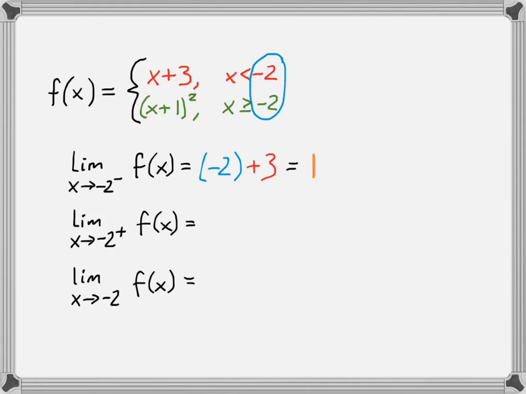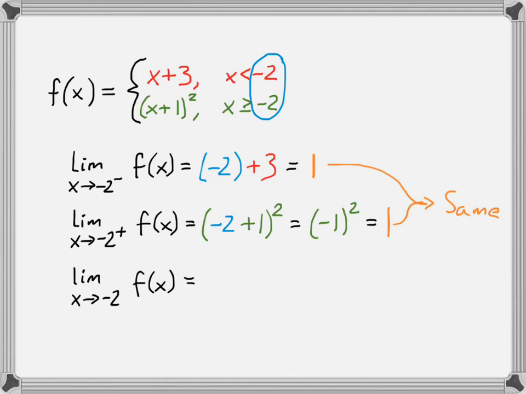If I want to evaluate the limit as x approaches -2 from the right, I would be plugging -2 into the right side function, and -2 plus 1 is -1, and -1 squared is +1. So in this example, the two y values as x approaches -2 from the left and the right are the same. So the overall limit as x approaches -2 of f of x is 1.